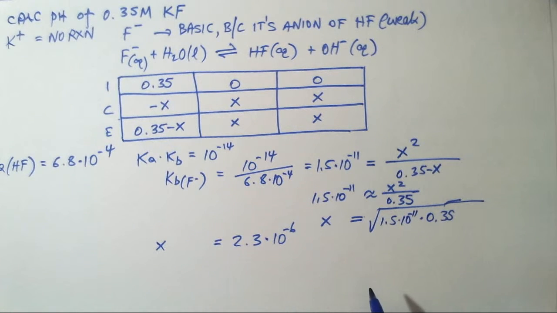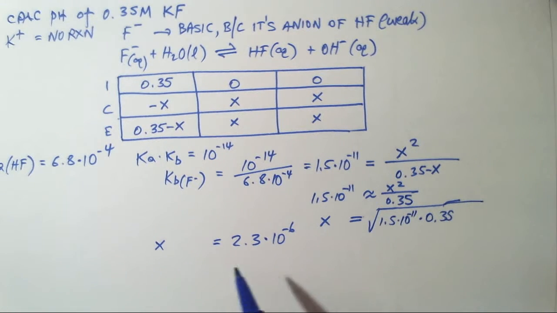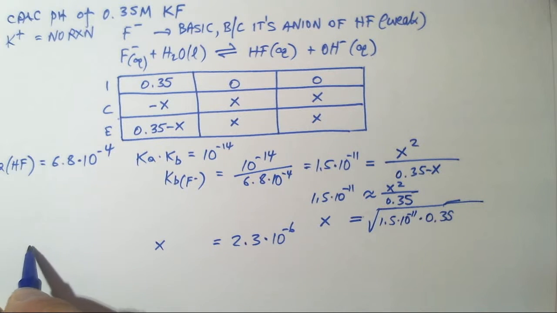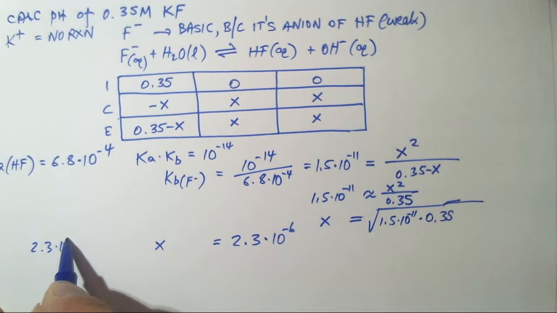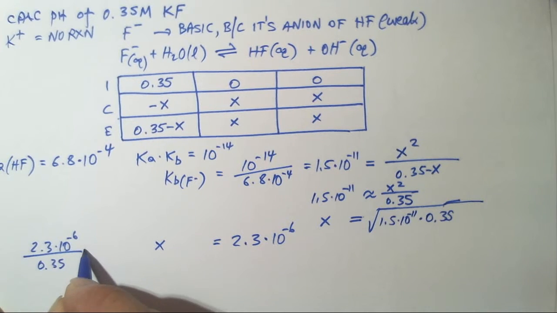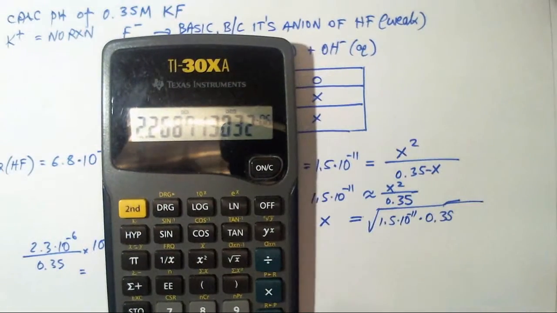If this passes what we call the 5% rule, then we don't have to do a quadratic equation. By inspection you can see that 2.3 times 10 to the negative 6 divided by 0.35 times 100 for percentage is way less than 5%, but we can calculate what it is.